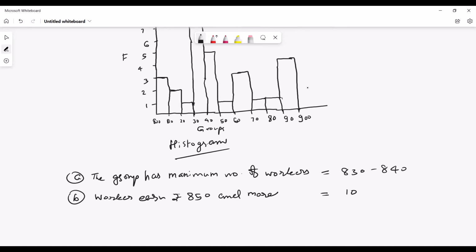Now the next question is how many workers earn less than 850? If this is 10, then 30 minus 10, that is 20.